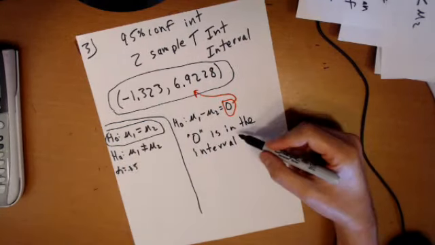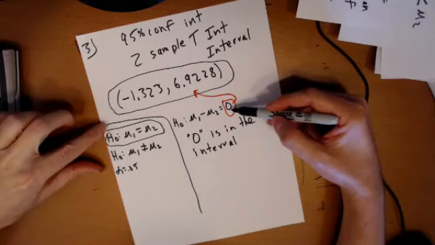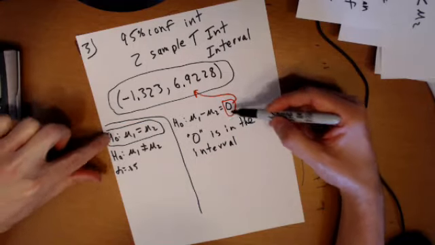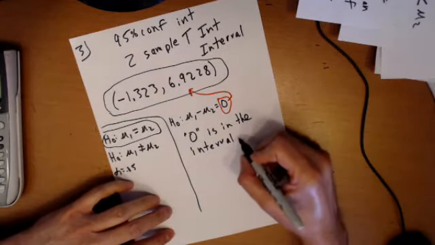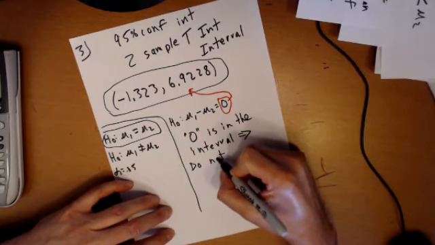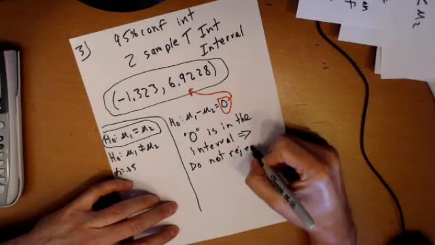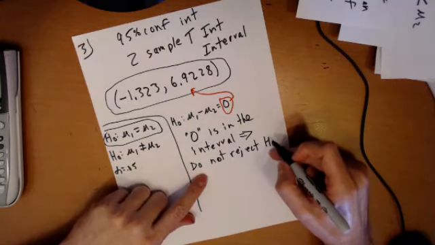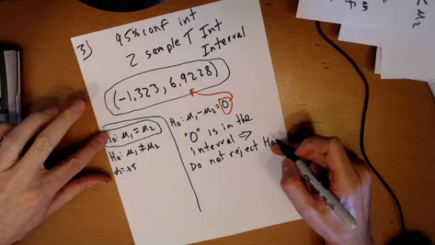Okay, so what does that mean? That means the null is kind of an okay idea. We're kind of stuck with it. Let's not reject it. 0 is in the interval. Therefore, we do not reject that idea. We do not reject the null. Do not reject H0. So if you do not reject H0, that means we're stuck with it.